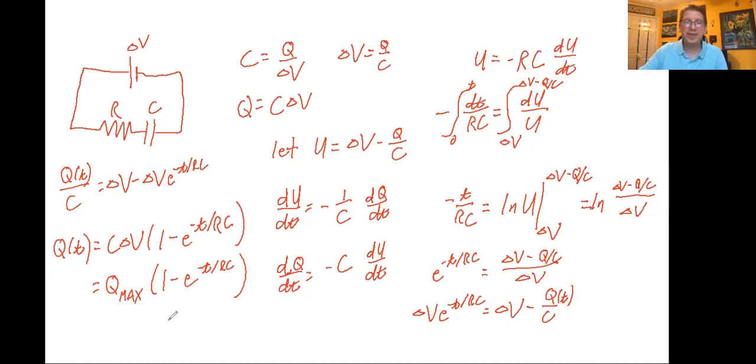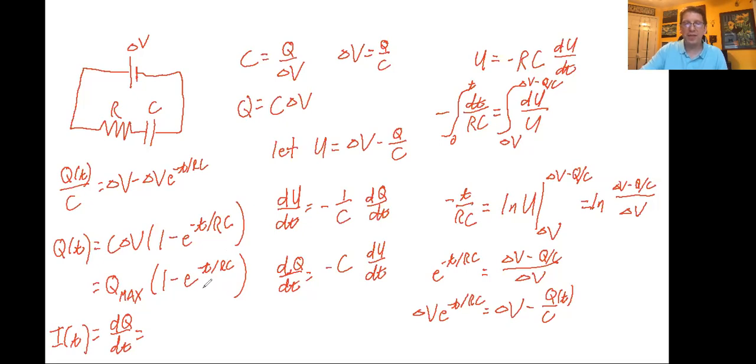The current as a function of time is equal to dq over dt. So that's equal to, well, this term is constant. It doesn't come into play. So it's only the bottom one.